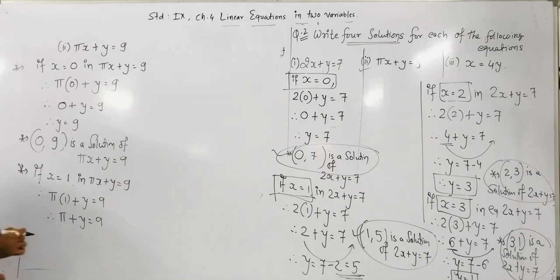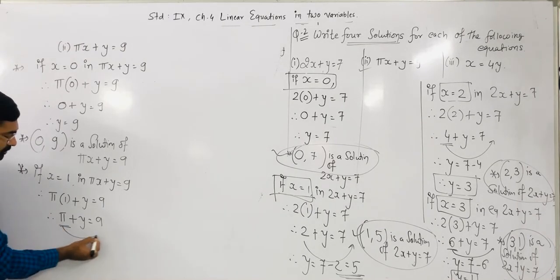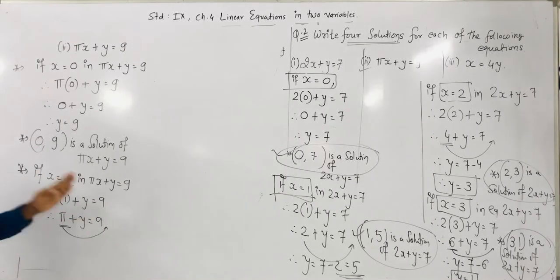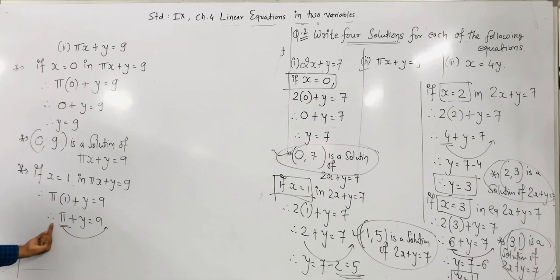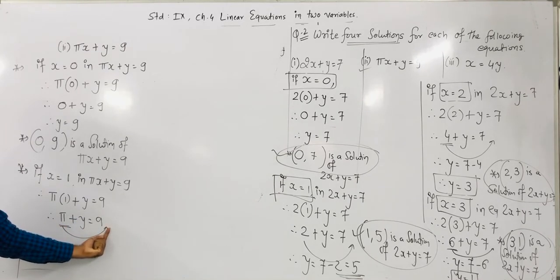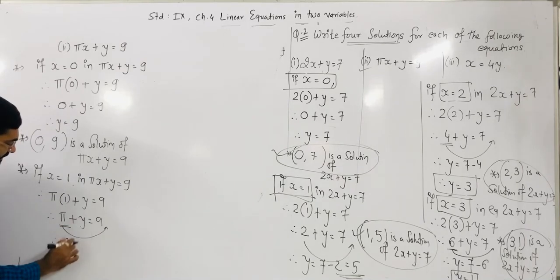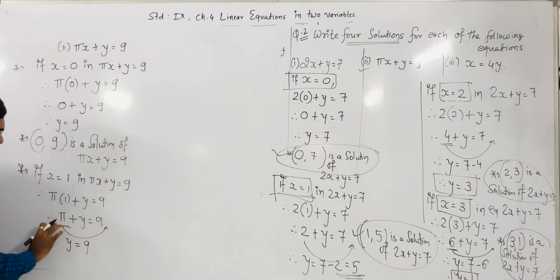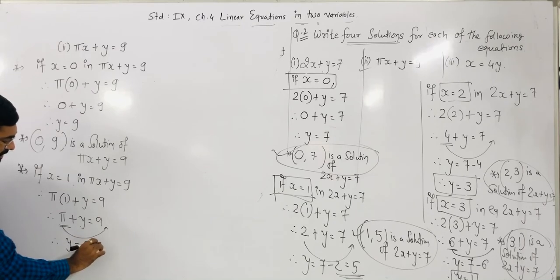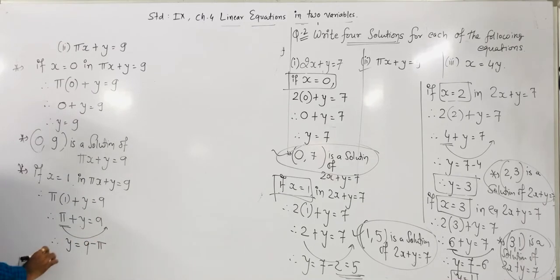Now y value we have to find out. So whatever the remaining term we have to take to the right hand side of the equal to. So the pi sign here is plus, so it changes on the right hand side. It becomes a minus. So we get y is equal to 9 and then plus pi comes to the right hand side, so it becomes a minus pi. Right. So we can say this is our y value, 9 minus pi.